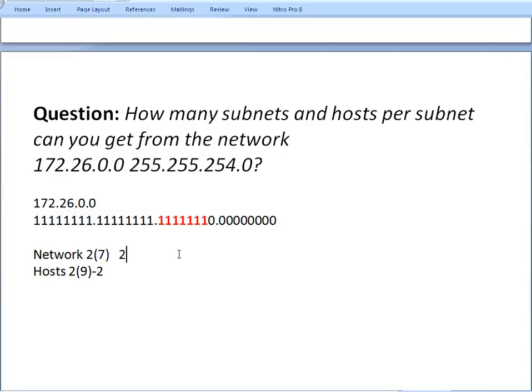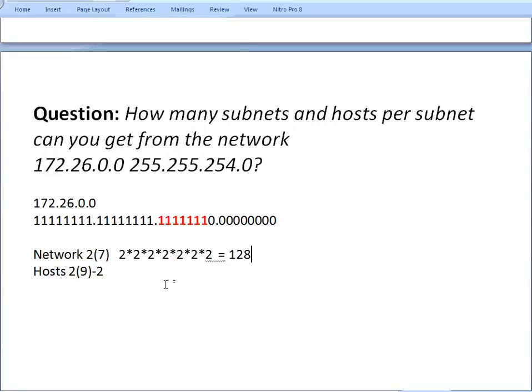So 2 to the power 7: 2 times 2 is 4, times 2 is 8, times 2 is 16, times 2 is 32, times 2 is 64, times 2 is 128. So this is 128.